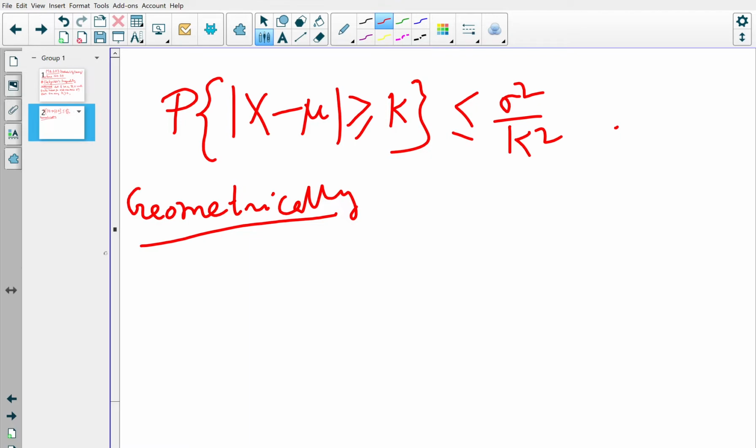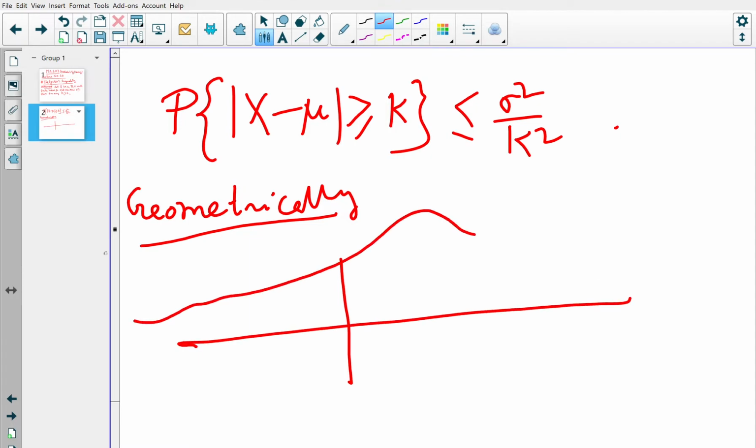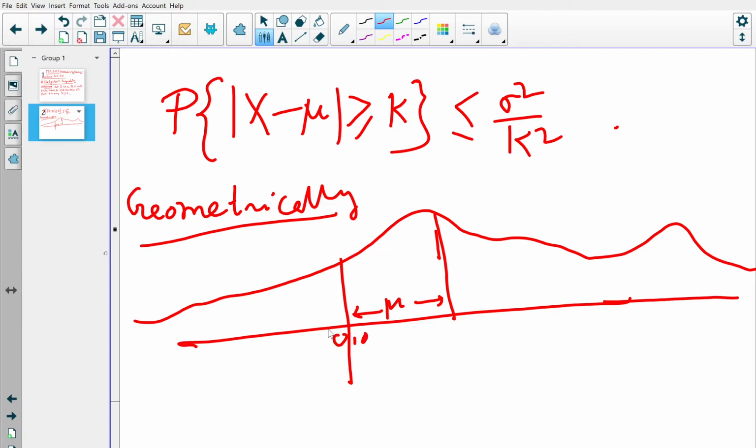Suppose we have a continuous random variable with a density like this, and you have some mean somewhere, say here. This is the mean mu, and this is the origin 0.